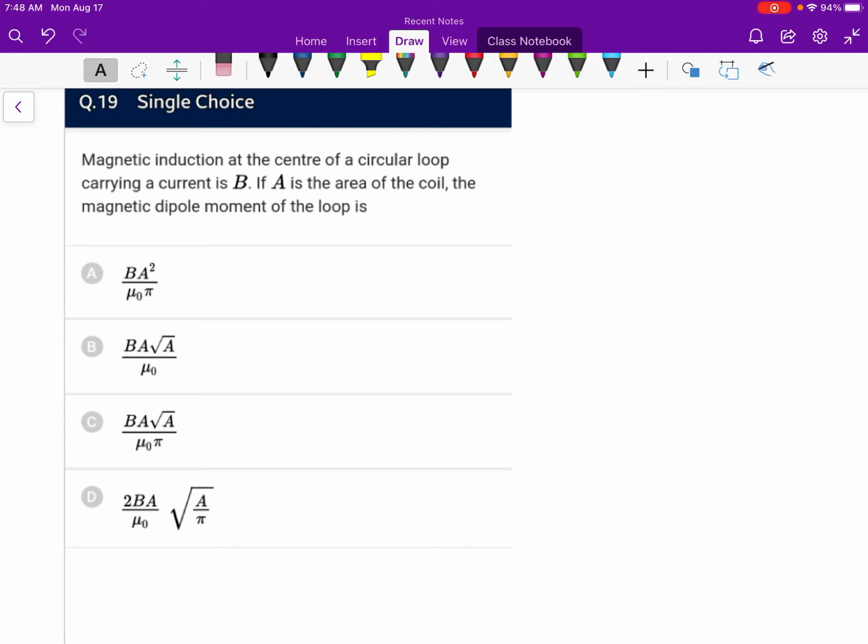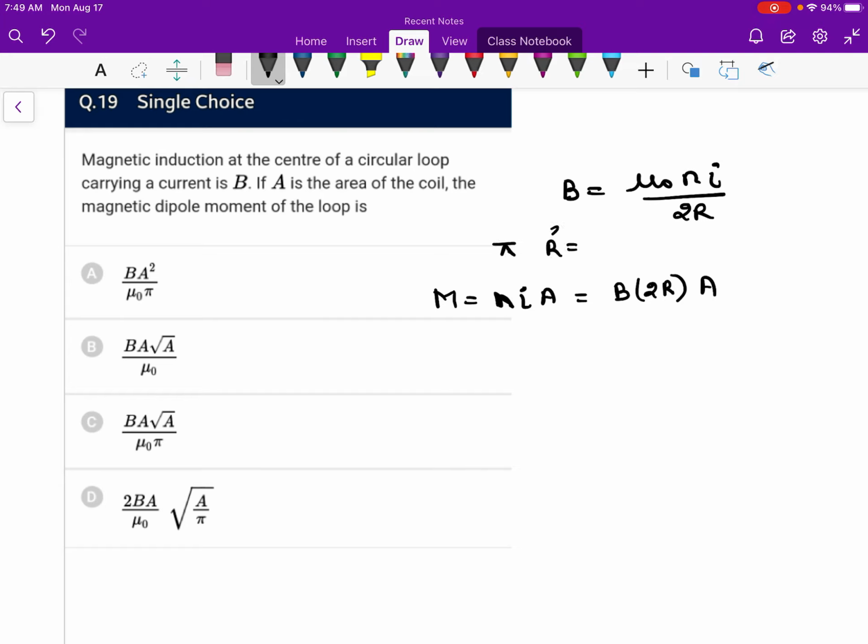Magnetic induction at the center of a circular coil is B. If A is the area, then find the magnetic dipole moment. So magnetic induction B is mu naught N i upon 2R, and magnetic moment is N i A. Now N i is B into 2R upon mu naught, and into A. Now pi R square is A, so R is under root A upon pi.